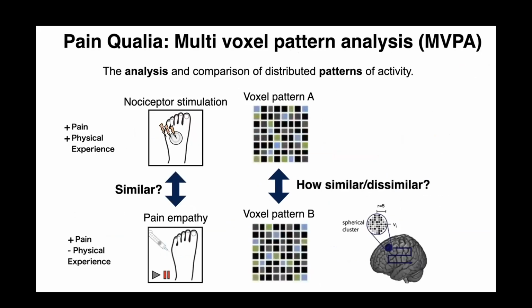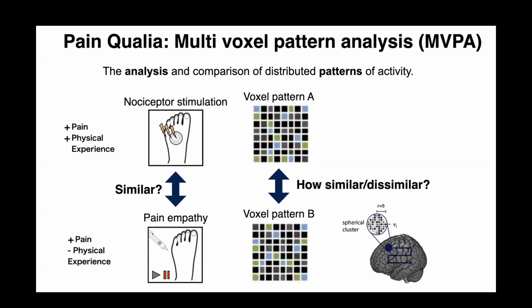Okay, and then I'm showing this here, pain Qualia, and here we can provide real nociceptor stimulation in the foot in MRI, so that the participants feel pain together with physical experience.